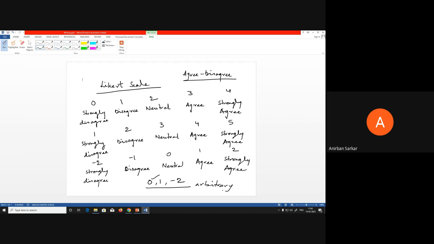But as we gradually move from non-metric to metric, we can use a wide range of statistical analysis. In nominal data, we can use very few. In ordinal, a little more. In interval, much more. In ratio scale, we can use the maximum number of statistical analyses. So this is clear to you? Yes, sir.